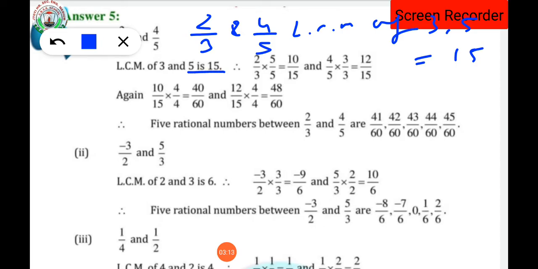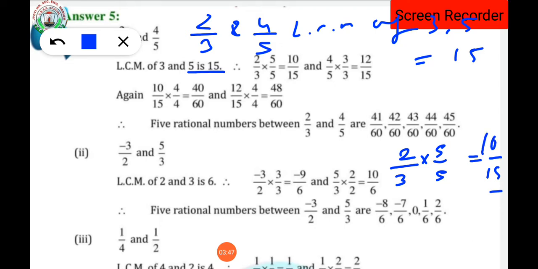after converting the denominators, as they were unlike terms, we converted them into like terms by taking this LCM 15. Now by which number will the first term, 2 by 3, be multiplied and divided in order to get the LCM 15? 3 5s are 15, so 5 will be multiplied in numerator and denominator both. 2 5s are 10.